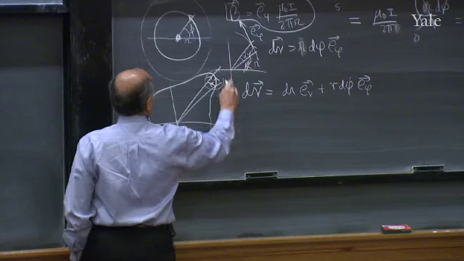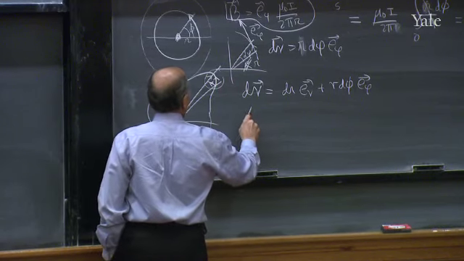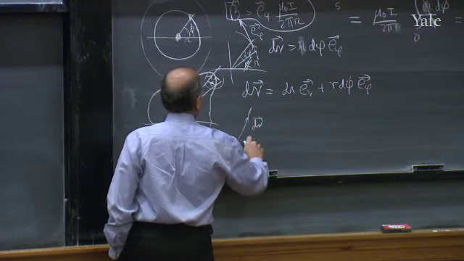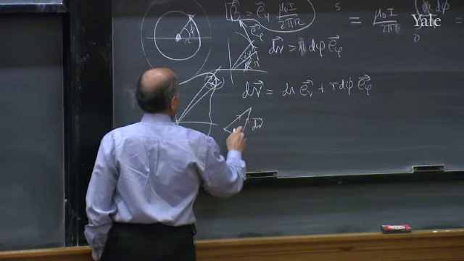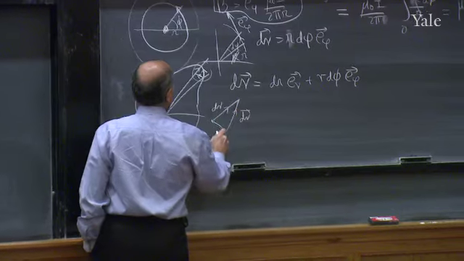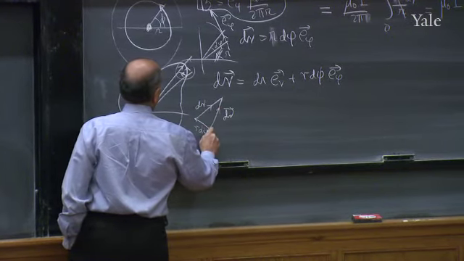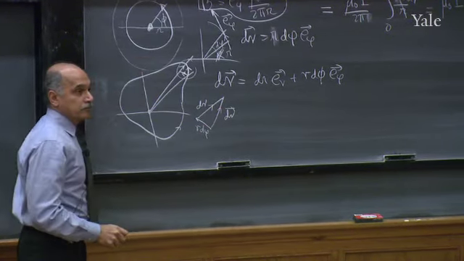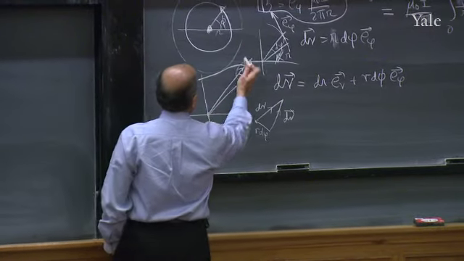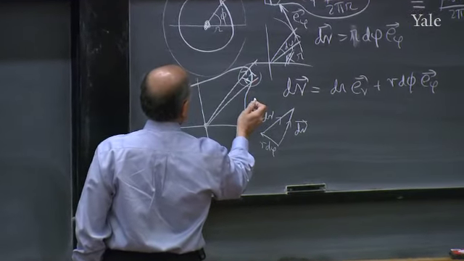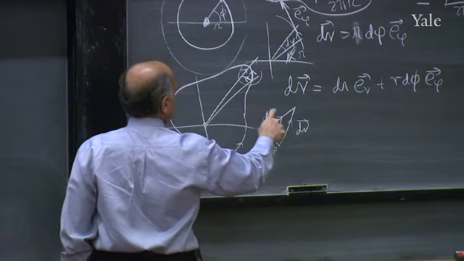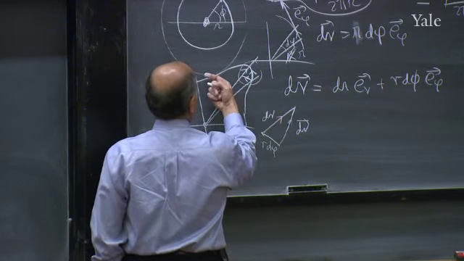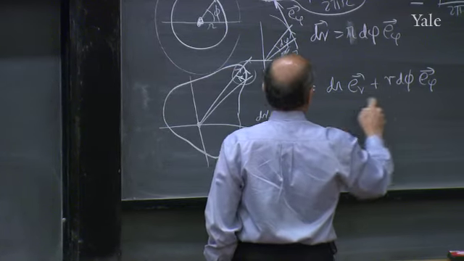Let me blow this up for you if you like. So that is that segment there, dl, and that's got an angular part and a radial part. Radial part has length dr, angular part has length r d phi. So integrating along that curve, which I can approximate by a straight line, I can break up that elemental vector dl into the tiny portion in the angular one, tiny portion in the radial one.